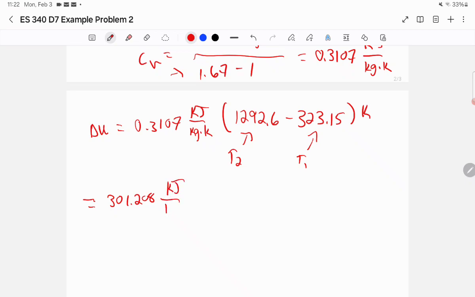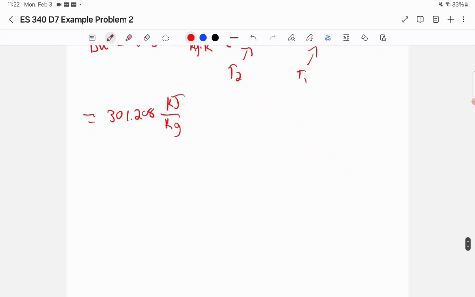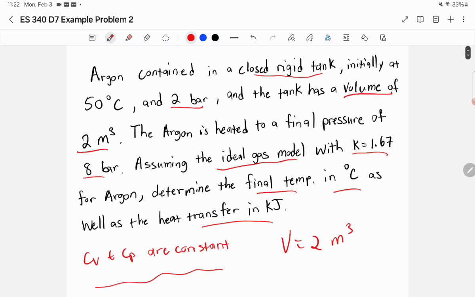And now we need to find the mass, because we need to get capital delta U, and the mass is easy enough to find. m is going to be equal to, let's say, P1 V over R T1. It could have been P2 as well, it doesn't matter. Well, we have to convert the bars.